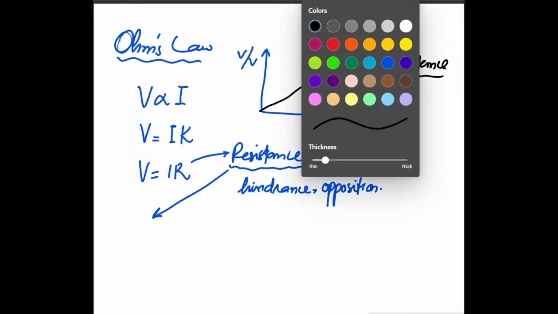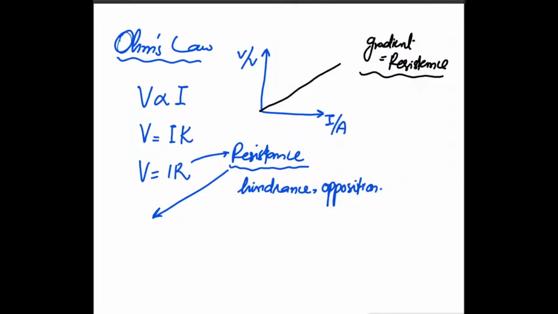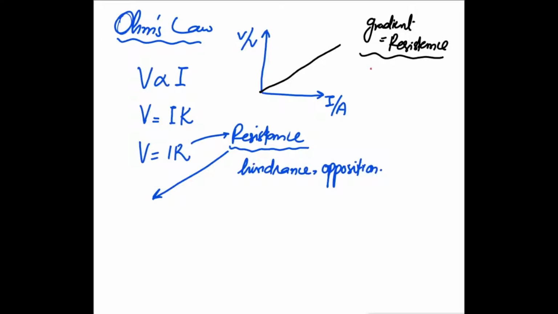How can we figure this out for any graph in physics, and how can you do that for everything? You see, we know that the gradient is y divided by x, or you can say change in y divided by change in x. We already know that, right?